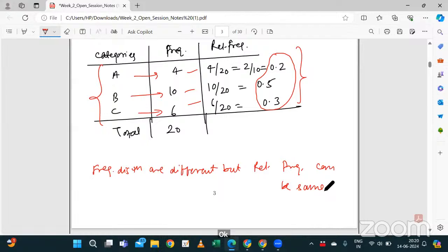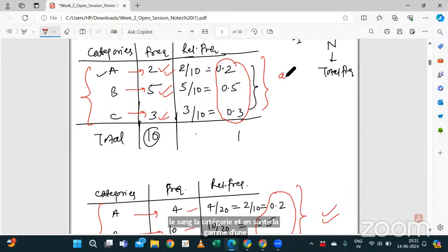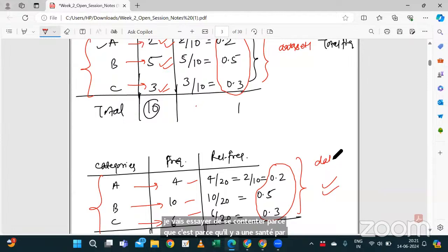You can compare the percentage. If you multiply this by 100, it will come out to be 20%, 50%, or 30%. You can simply say what is the importance of category A or something like that. Let's say this is data set 1 and this is data set 2.